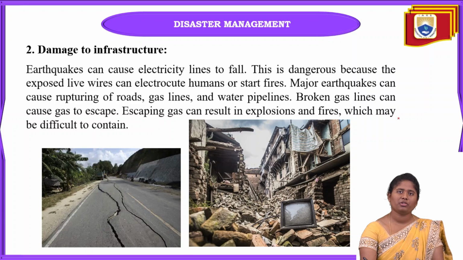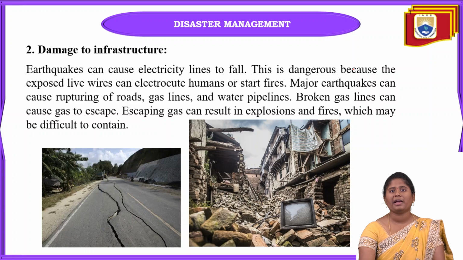What is meant by damage to infrastructure? When earthquakes occur, there will automatically be collapsing of buildings. When buildings collapse, the electricity lines will fall down. Why? Because in a building, whatever facilities we have, maybe lighting or everything, all the electricity is there because of wires. If an earthquake occurs, the electricity lines will fall.